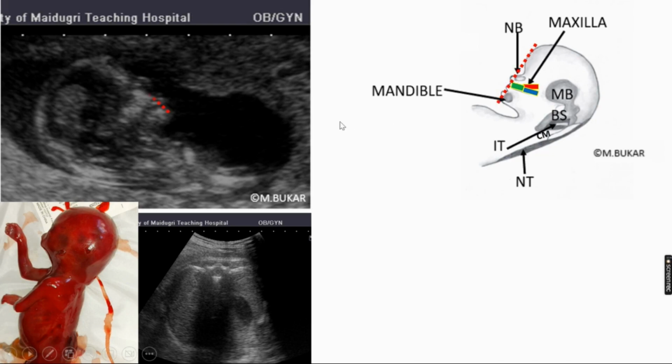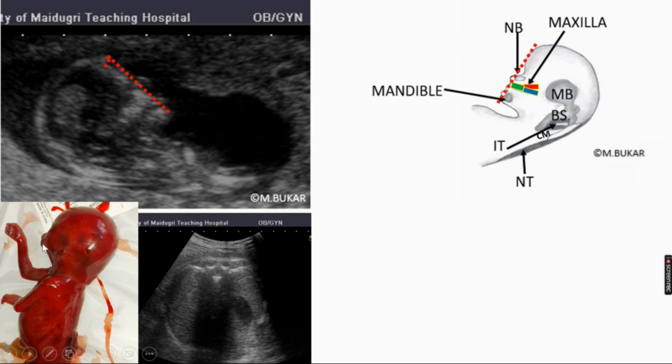And here again, if you trace from the mandible through, this is the frontal space distance. If there is receding of the mandible, this space would increase. So if there is receding of the mandible here, this space here would increase.